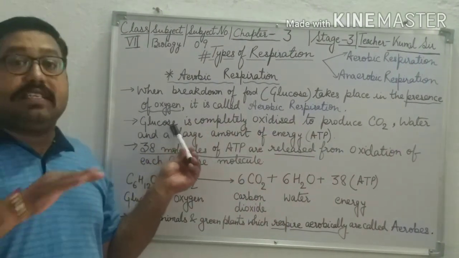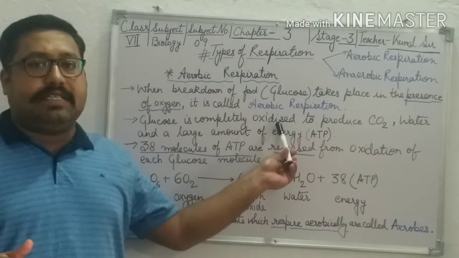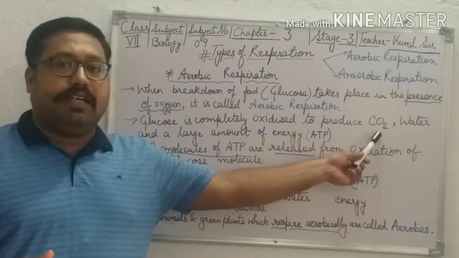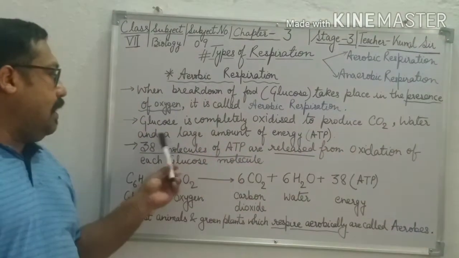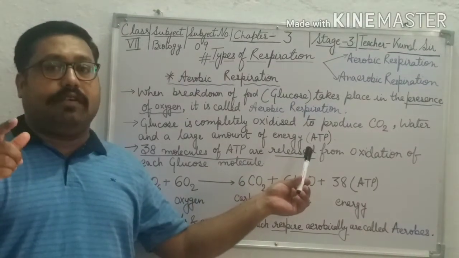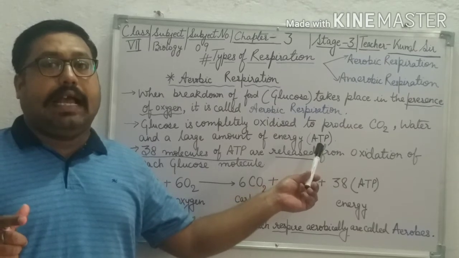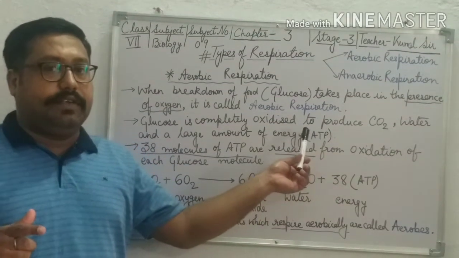Here glucose is completely oxidized to produce carbon dioxide, water and a large amount of energy. That energy is called ATP. What is the full form of ATP? Adenosine triphosphate.